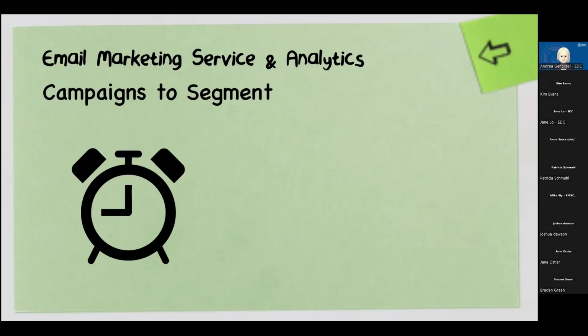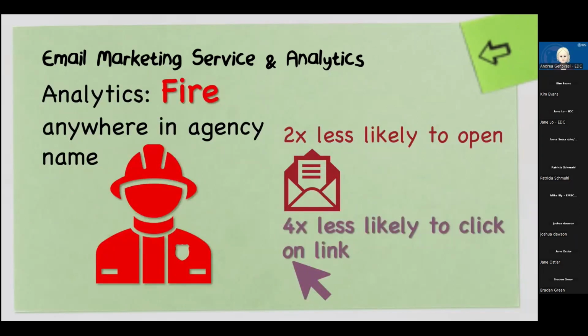All right, so let's talk about campaigns to segment. And what we learned earlier is the time of day it arrives in their inbox is important. So we had already segmented based on time zone. And we've done that for the EMS for Children survey because last data collection for that, we used Constant Contact, partly as a beta to test.